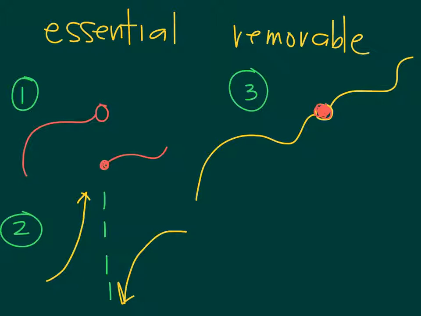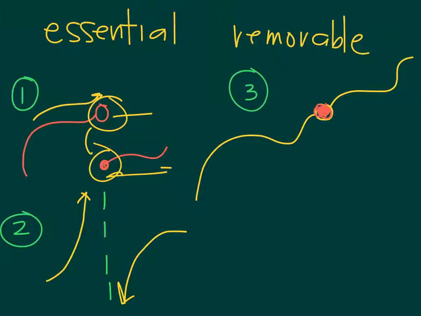Okay, but in number 1, from the left, there is this number. From the right, there is this number. They're not the same. If the limits on both sides are not the same, the limit will not exist. Okay? In number 2, it's the same case. So going to positive infinity from the left and going to negative infinity from the right.